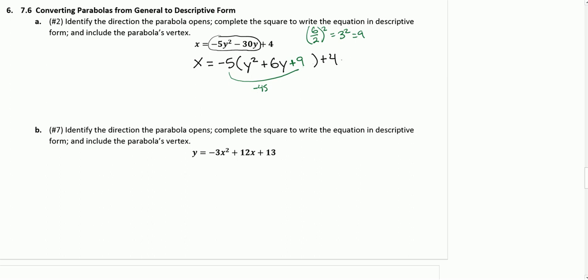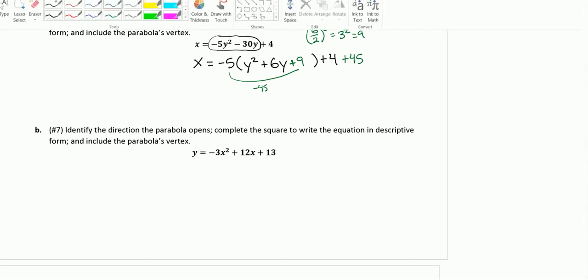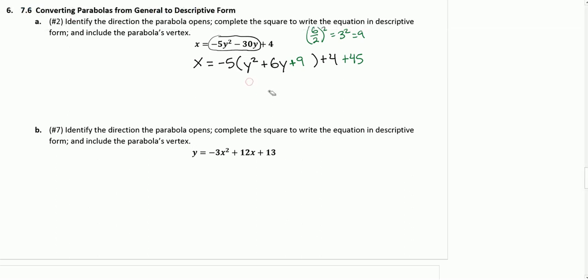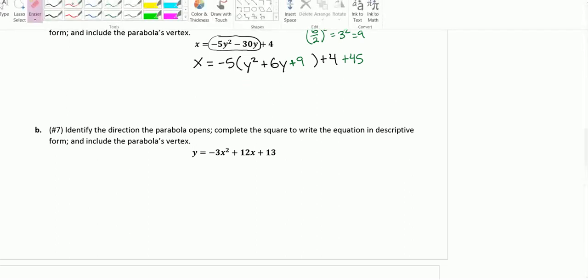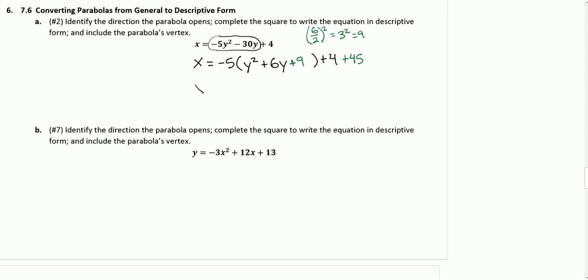So I need to do the opposite on the outside. I need to add 45 to compensate for subtracting the 45. Next step is to factor.